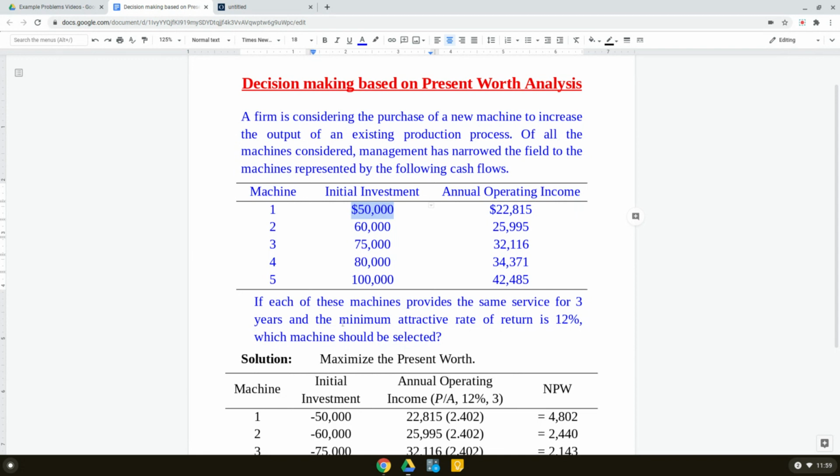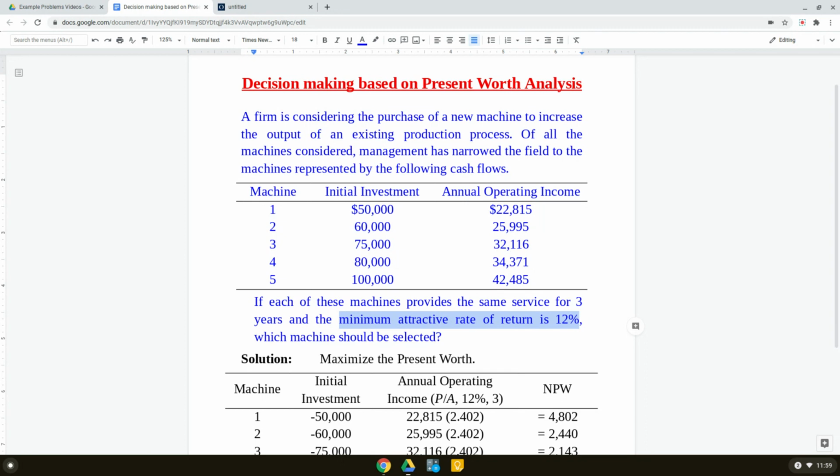So the minimum attractive rate of return is given, which is 12%. That means the investment that they are going to make in any of these machines should at least yield the minimum attractive rate of 12% on their investment. If it yields less than 12%, then the company is not interested in those projects.